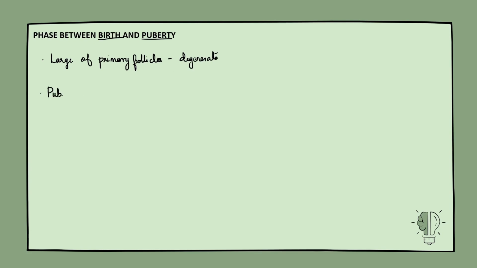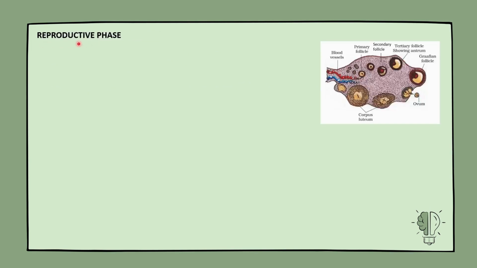And at the time of puberty, there are only 60,000 to 80,000 primary follicles present in the ovary. So, during the phase between birth and puberty, a large number of primary follicles degenerate, and by the time of puberty, there are only 60,000 to 80,000 primary follicles present in the ovary.